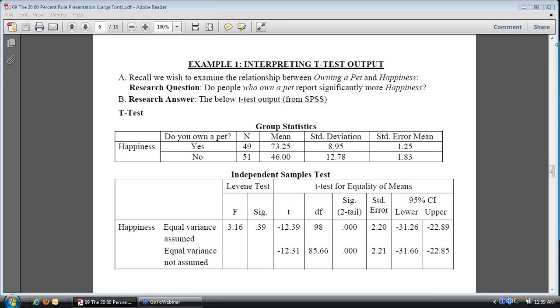In life, you might get a nice yes or no answer to that, but in statistical software, you get the t-test output below. You get two tables with many, many numbers. Somebody says to you, if you own a pet, does that relate to your level of happiness? And this is the answer you get. But if you know the critical values to look at, it's almost as simple as a yes or no answer.